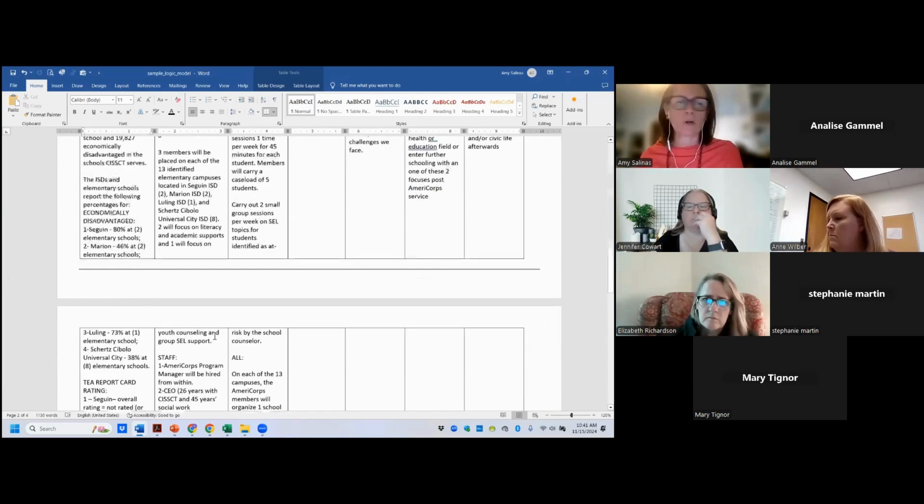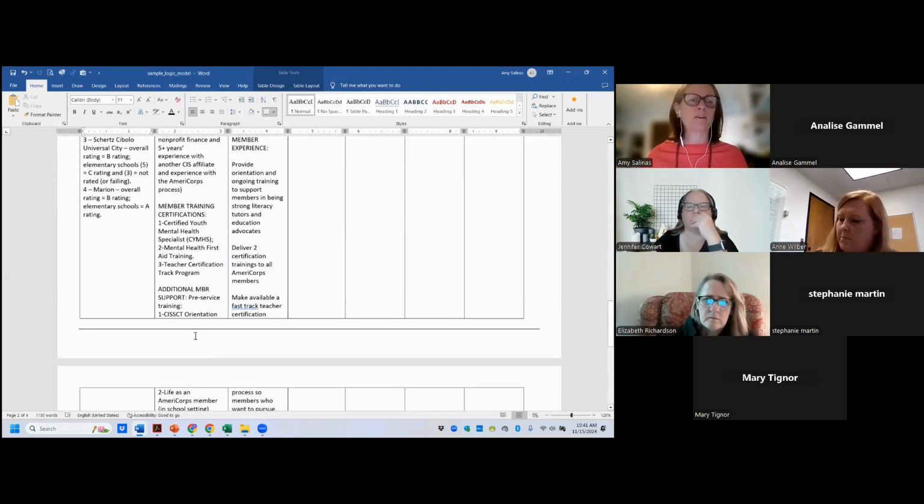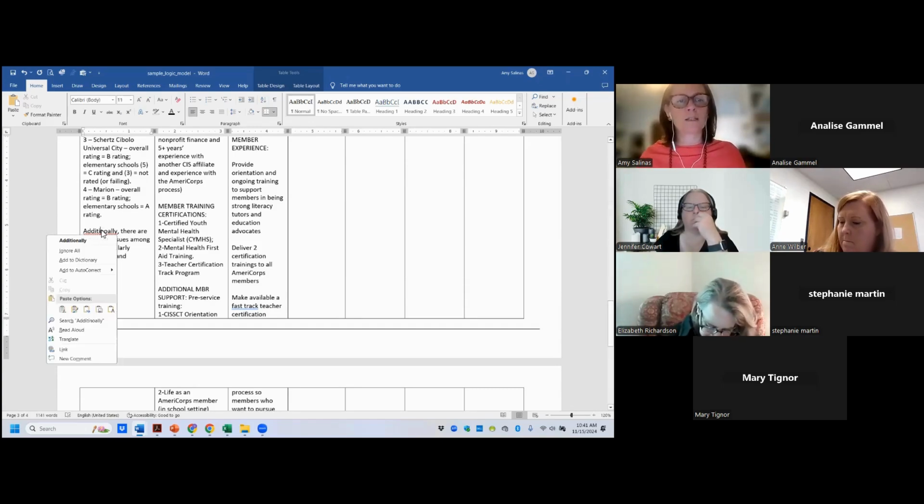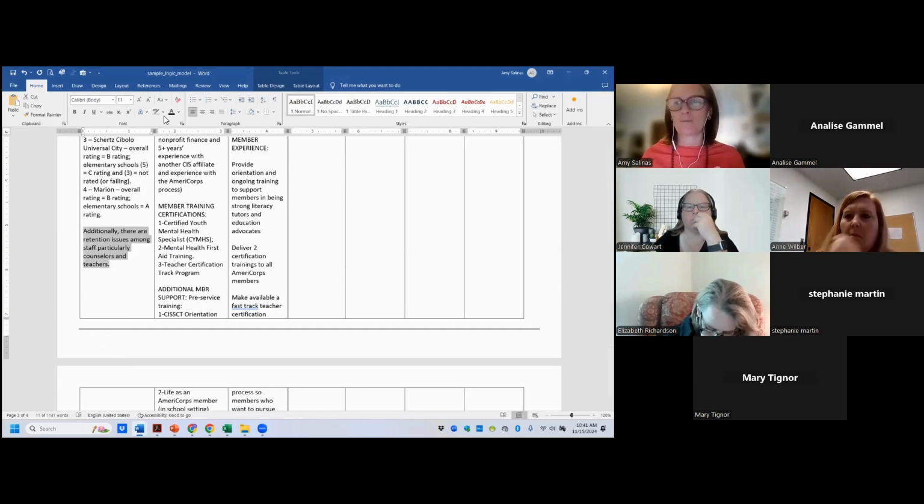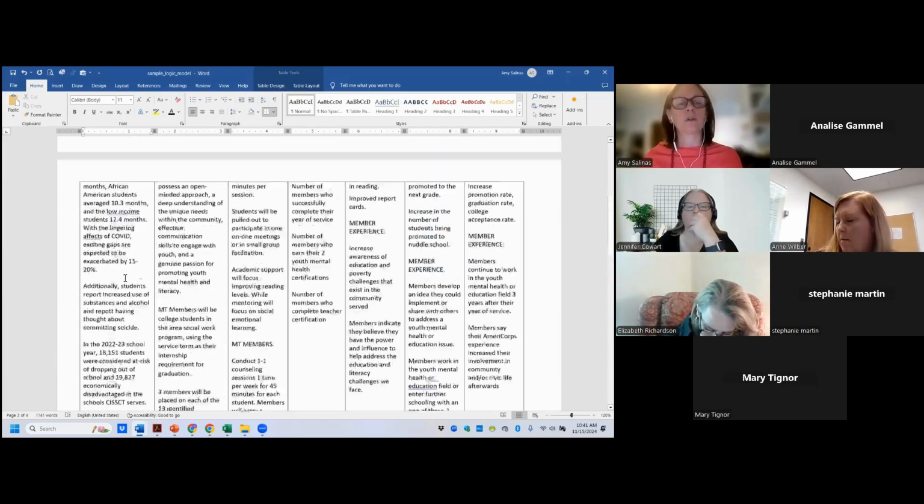I might add that before I send out a sample, and I might make a note here about additionally, there are retention issues among staff, particularly counselors and teachers. Because one of the things I'm talking about in this logic model is what we're trying to do with members to get them into the school system working in the future. So I'll add that detail before I send it to you.